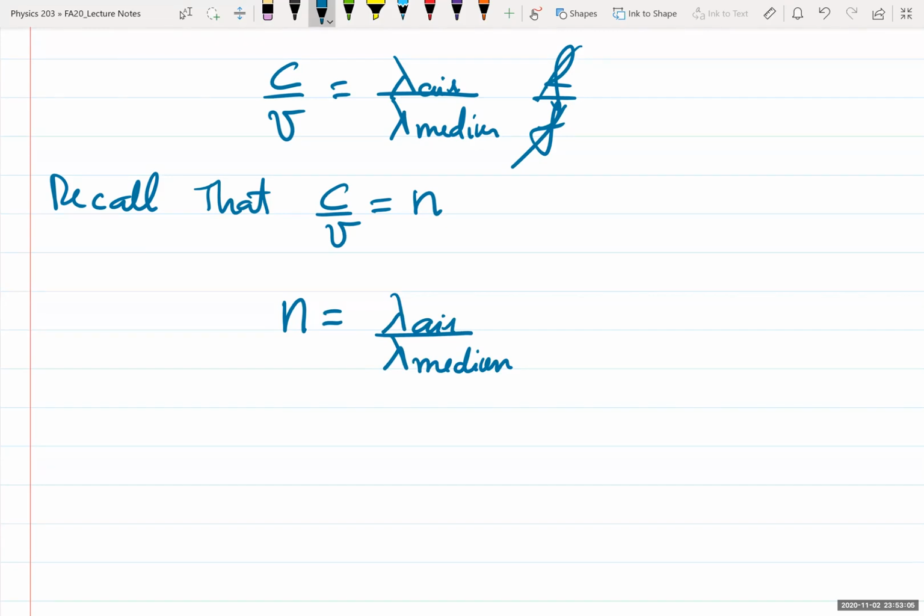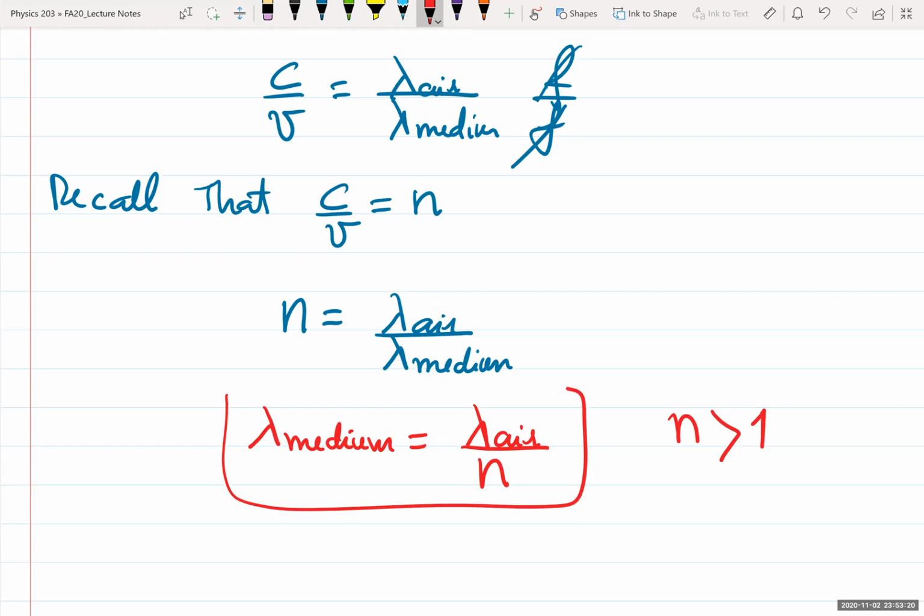Which means that the wavelength in my medium will be equal to the wavelength in air divided by the index of refraction, where the index of refraction is bigger than 1. So that means your wavelength will reduce as you enter another medium.